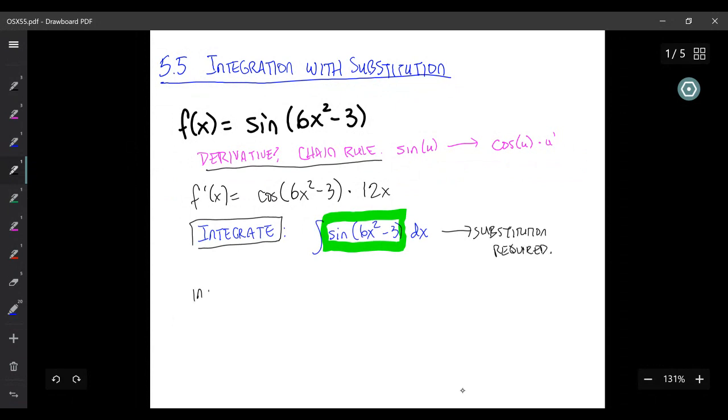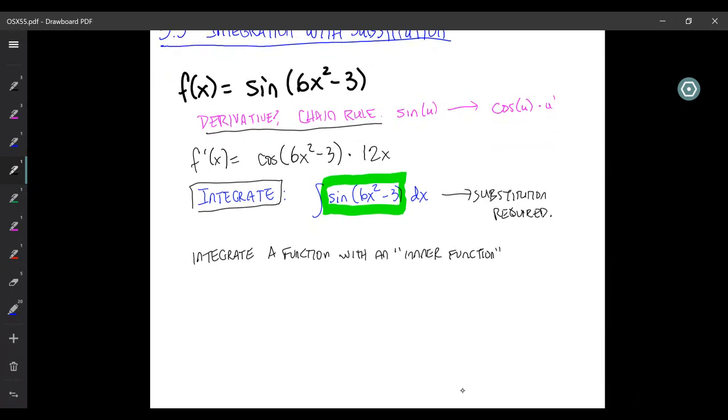Right. So when we're integrating a function with an inner function, then we need what's called U substitution.